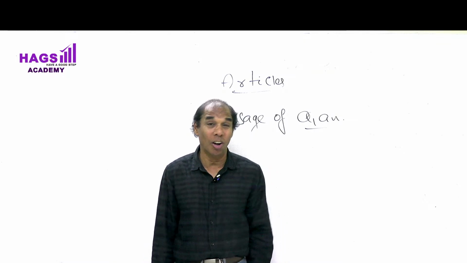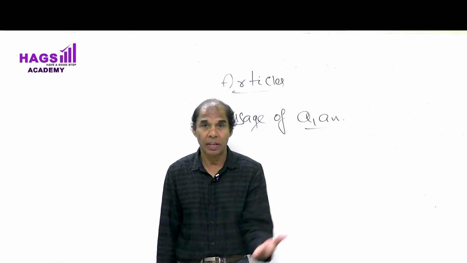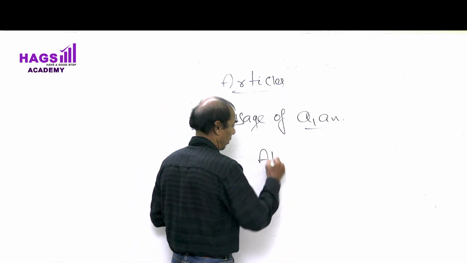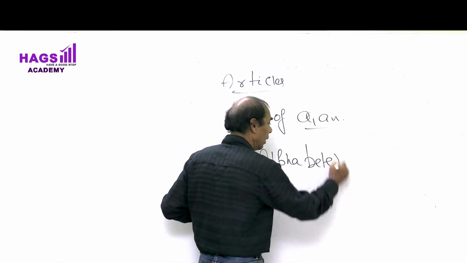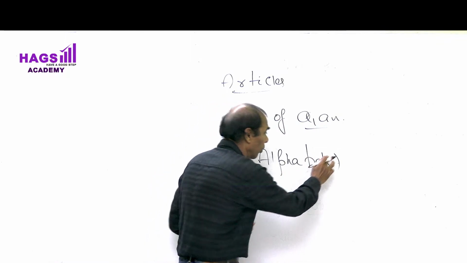What do we call these 26 letters? Alphabets, wrong. Alphabeticals, wrong. Alphabet, A-L-P-H-A-B-E-T or A-L-P-H-A-B-E-T, both are correct. This is the reason I put E in brackets.